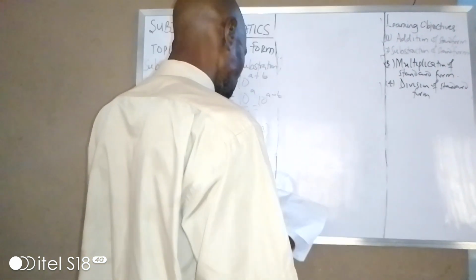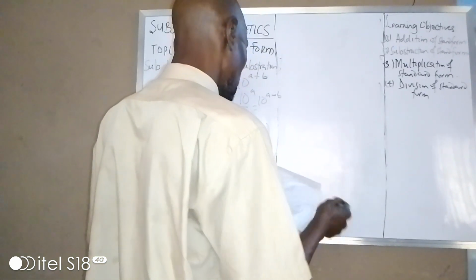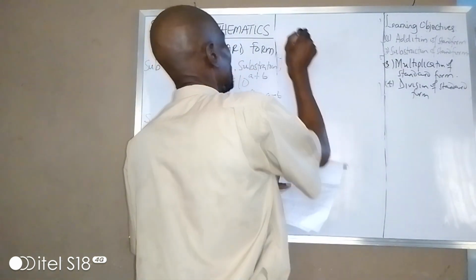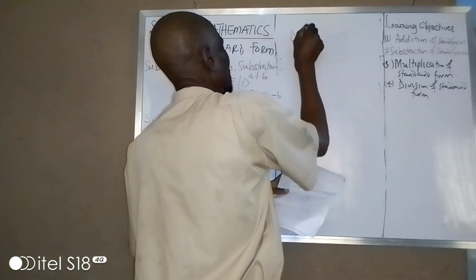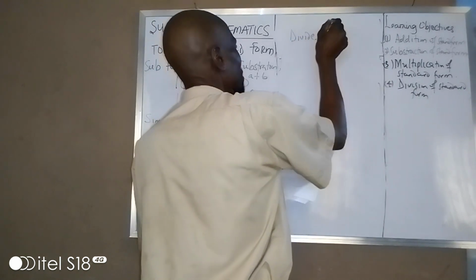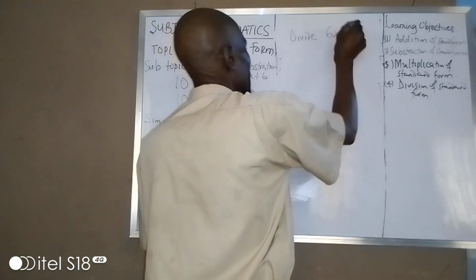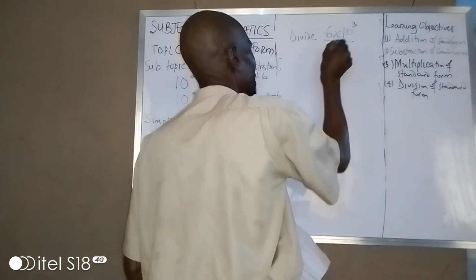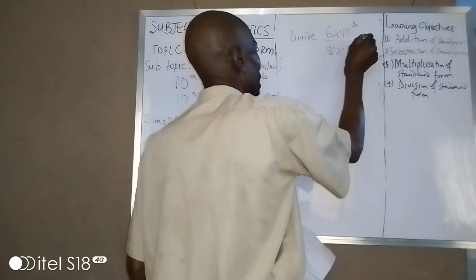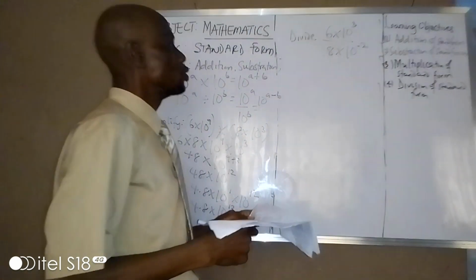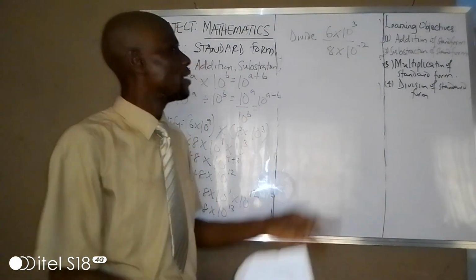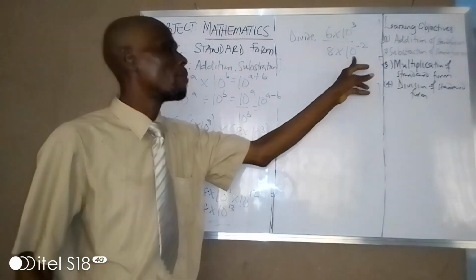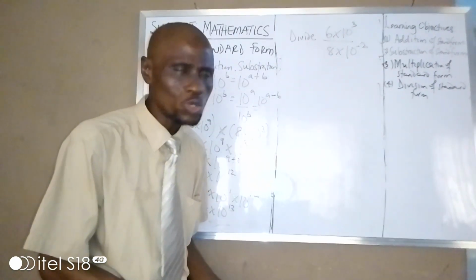Let's say they give us: divide 6 times 10 to the power 3 all over 8 times 10 to the power minus 2. How do you do this one? You are dividing 6 times 10 to the power 3 all over 8 times 10 to the power minus 2.